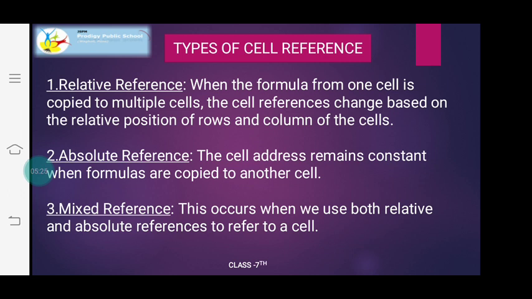In absolute reference, we use the dollar sign. And third one is the mixed reference. Mixed reference is the combination of relative reference and absolute reference. This occurs when we use both relative and absolute references to refer to a cell.